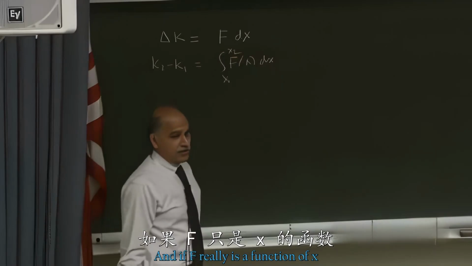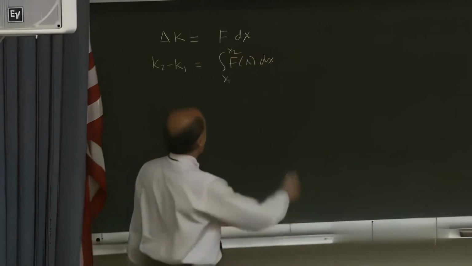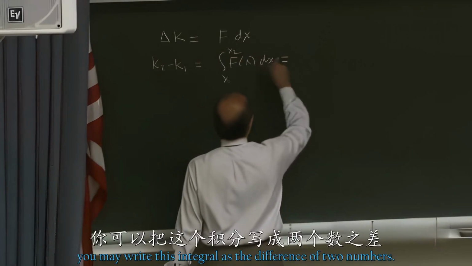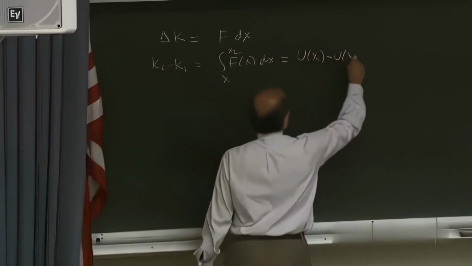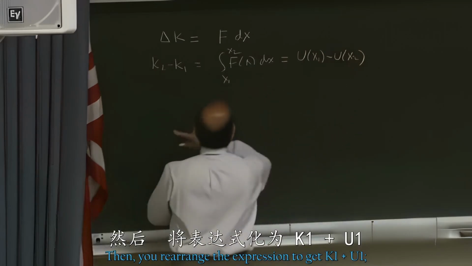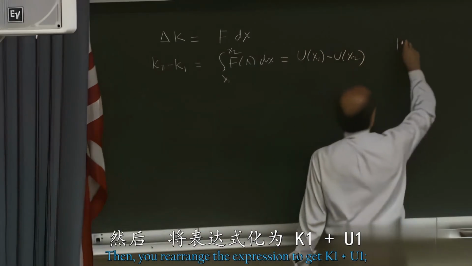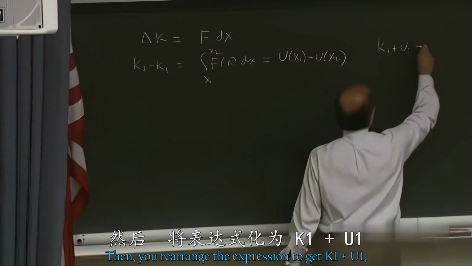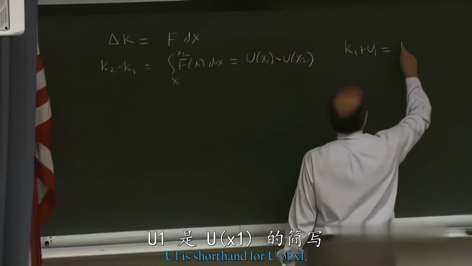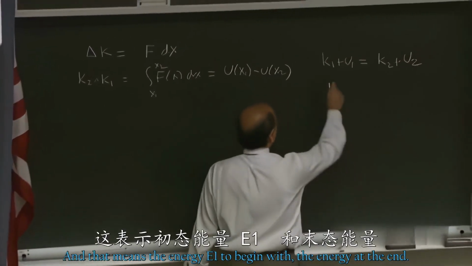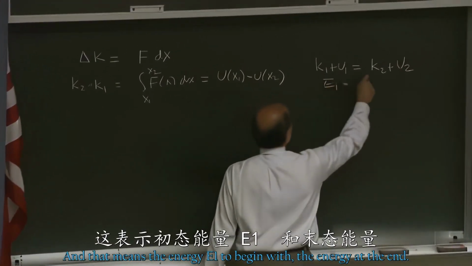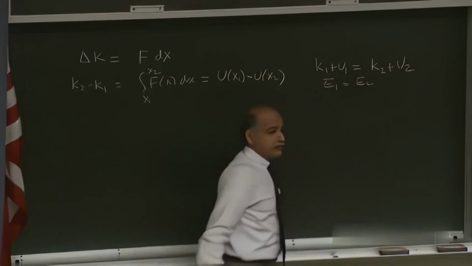And if F really is a function of x and not also of velocity, the laws of calculus tell you you may write this integral as the difference of two numbers. Then you rearrange the expression to get K1 plus U1, where U1 is shorthand for U of x1, equals K2 plus U2. And that means the energy E1 to begin with equals the energy at the end.